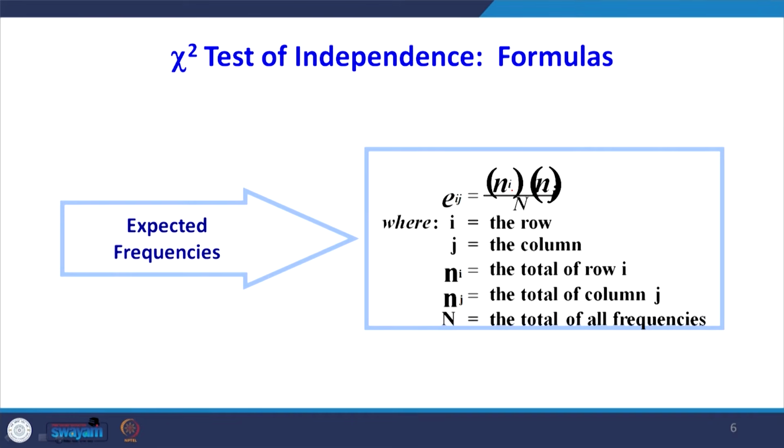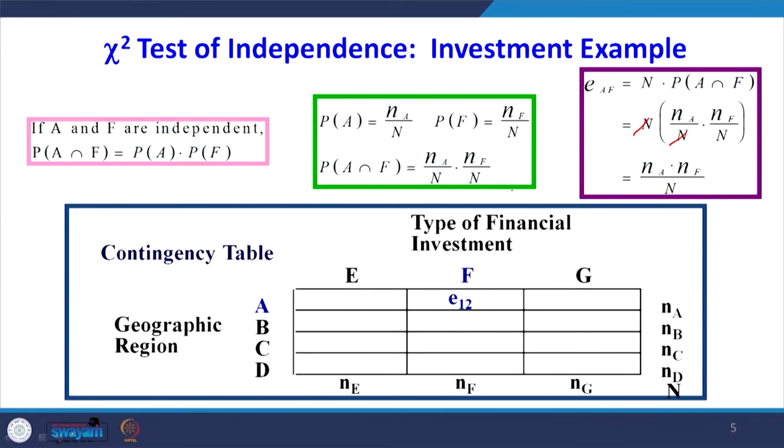So, row sum multiplied by column sum divided by the total number of elements will give you the expected value of each cell. One more thing, you see that we are multiplying by N here. That is because if you put P of A intersection F, you will get only probability.